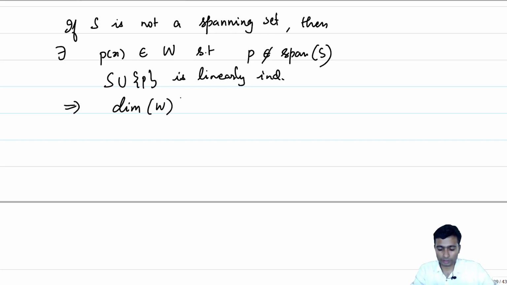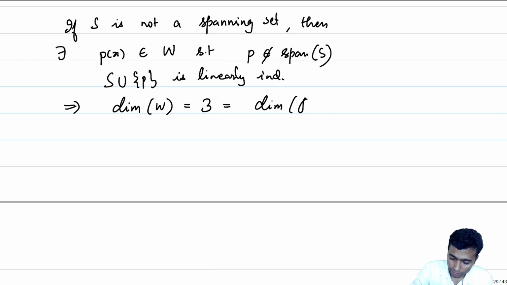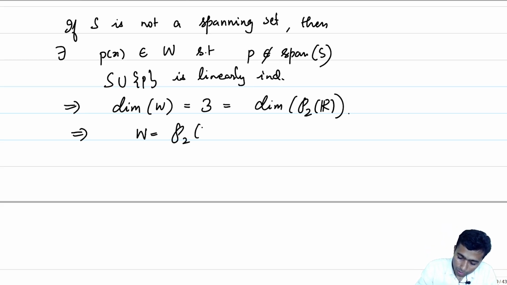But it cannot be more than 3, because P2 of R has dimension 3. And what do we know about subspaces of P2 of R which have dimension equal to 3? It has to be necessarily equal to P2 of R. This implies that W is equal to P2 of R. But this is a contradiction.